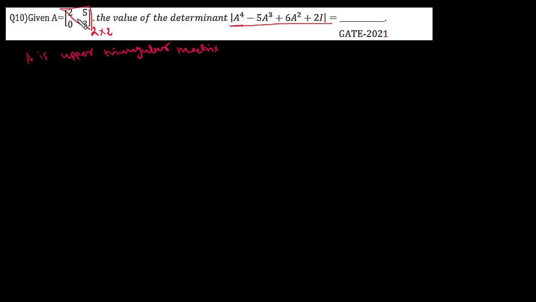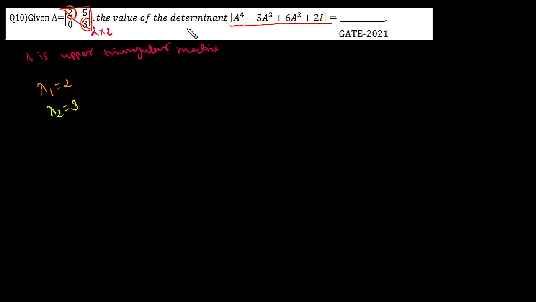Whenever any matrix is either upper triangular or lower triangular, it has one property: all its eigenvalues are simply its diagonal entries. The diagonal entries here are 2 and 3. So I can say the eigenvalue for this matrix A, let's call it lambda 1, is 2, and the second eigenvalue, let's call it lambda 2, is 3.